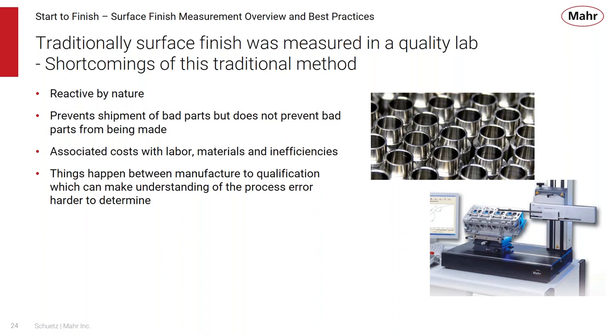There's cost to this. The cost of moving the parts to a lab, producing bad parts while they're being manufactured. And so there's a lot of unneeded and wasted time in this process. And by the time you find something wrong, you might have made thousands of parts, and it's hard to determine where that process error is.